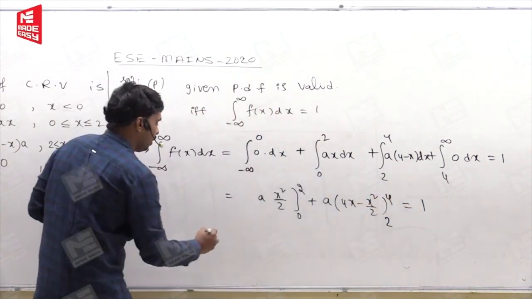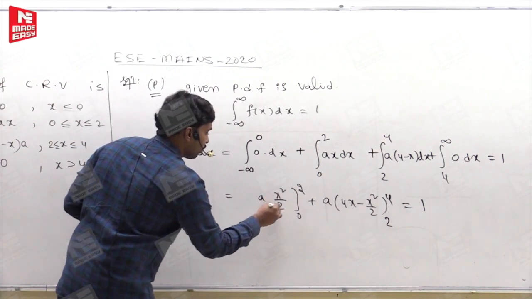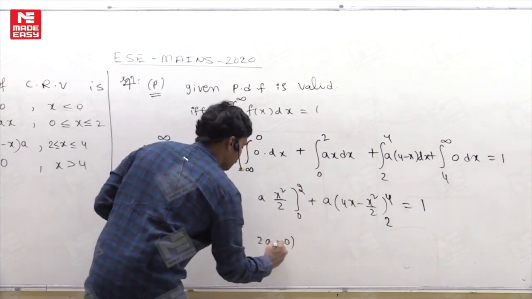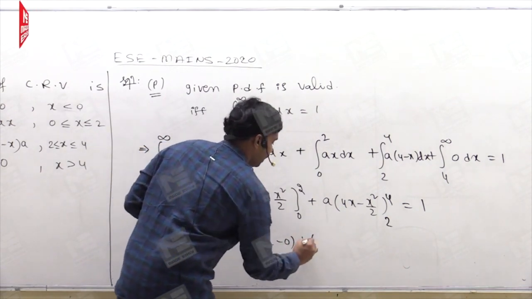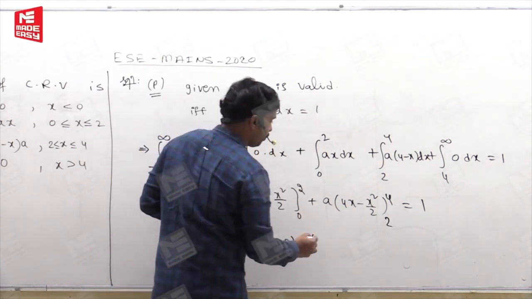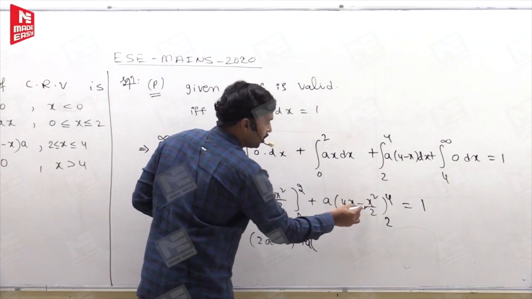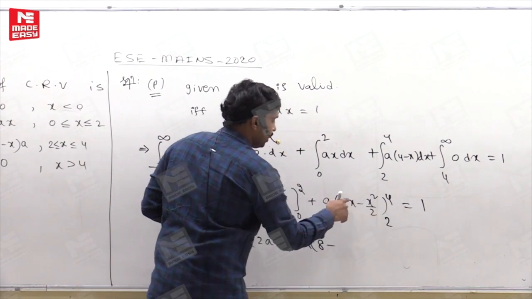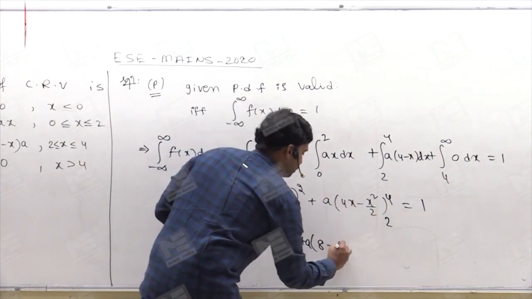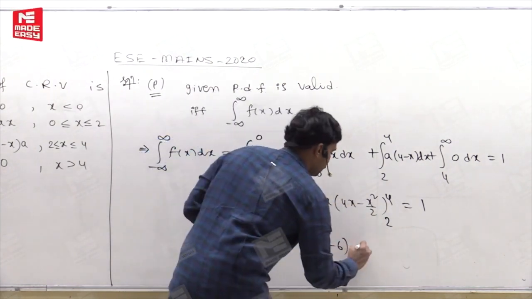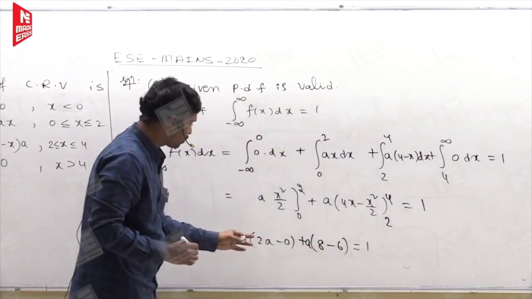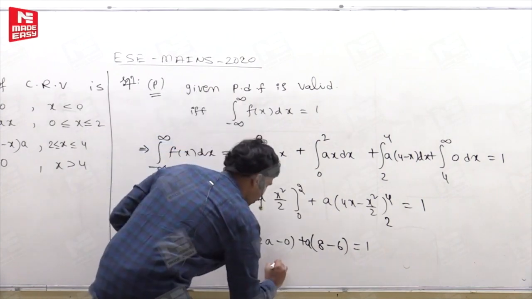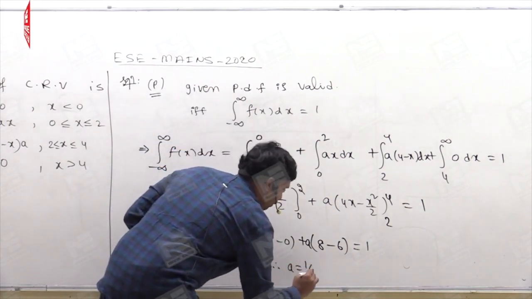Now solving this, 2 square is 4, so it is 2a minus 0, plus here again a into, substituting 4, this is 16 minus 8, that is 8, minus 2, so 8 minus 2 is 6. Then this is equal to 1. So it is 2a plus 2a, that is 4a is equal to 1. Therefore a is equal to 1 by 4.